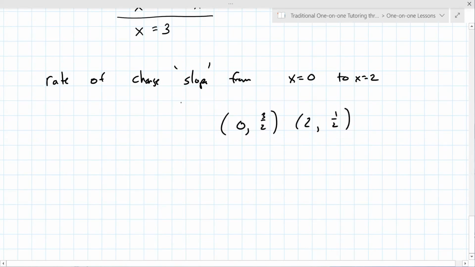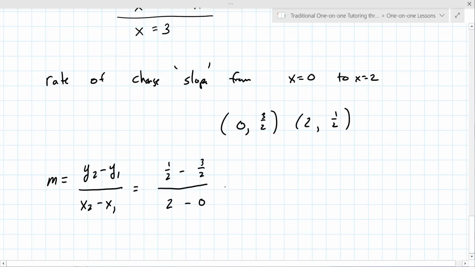Okay, so the slope formula is y2 minus y1 over x2 minus x1. So then 1/2 minus 3/2 over 2 minus 0. Good. How do you do this up top?